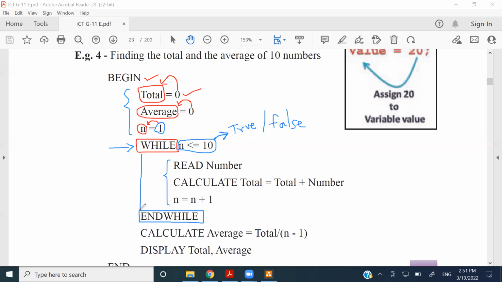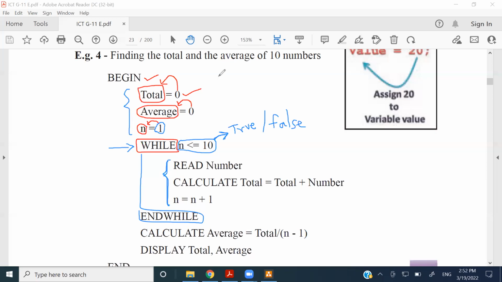That indicates where the while condition starts and where it stops, right? The statements in between while and end while are the statements which are going to iterate again and again.